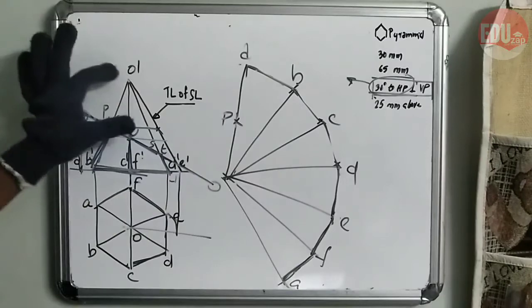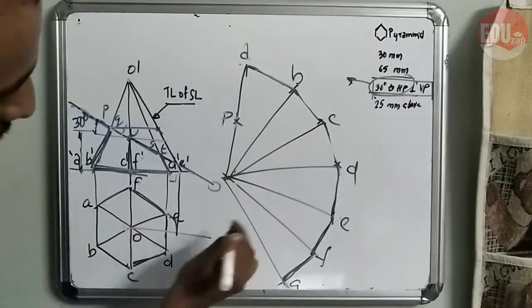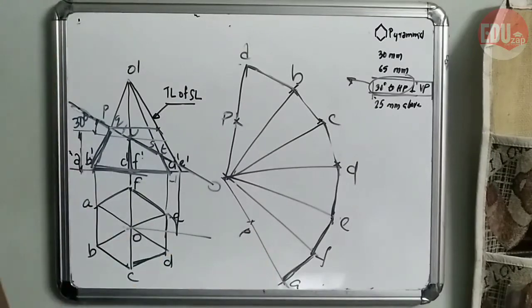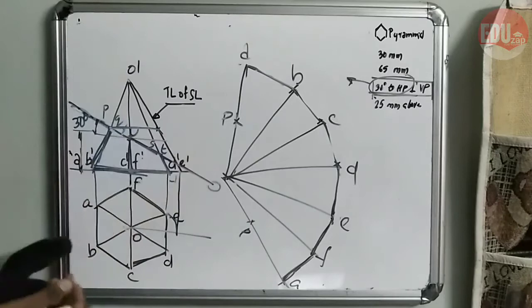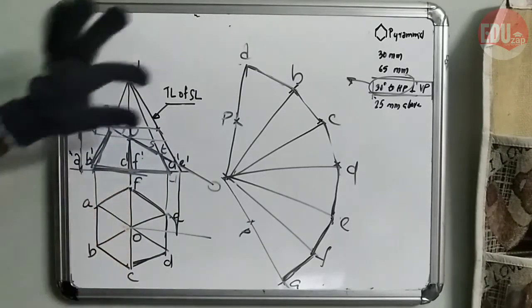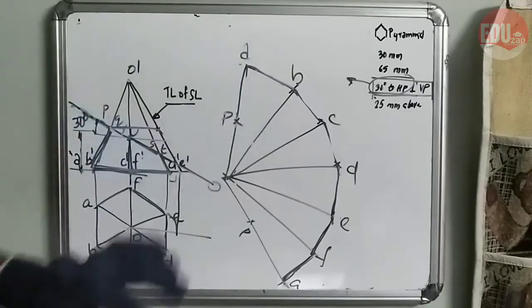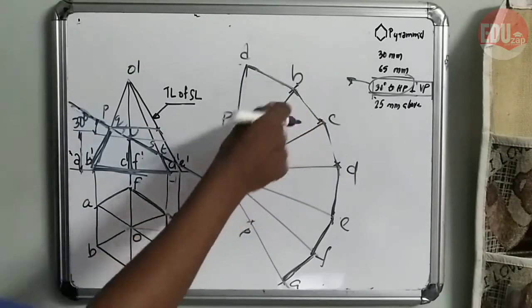So this is O, and I have to find Q. Q is in OB. Before that, you have to give it to true length. Then you just take this distance, that is in OB length, and plot it here.